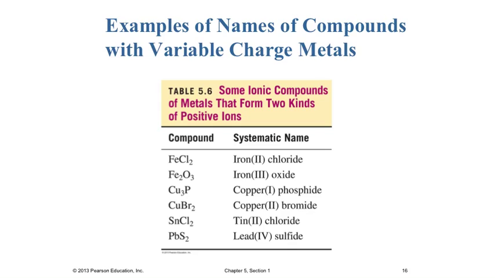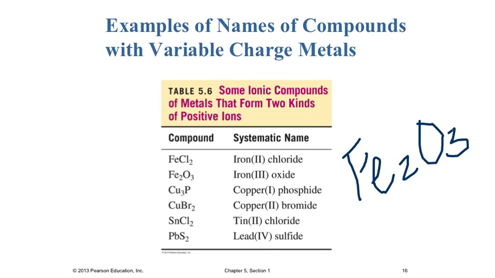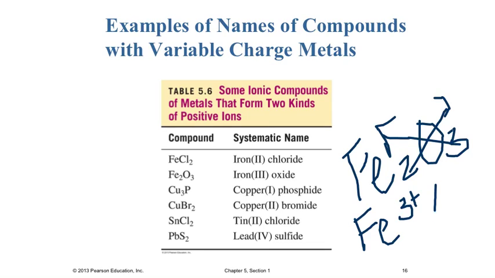Here are some more examples of naming variable charges, but let's go back over the crisscross up. Let's look at Fe2O3. If we crisscross up, we can find the charge. So Fe now has a charge of 3 positive, and oxygen now has a charge of 2 minus. I know that Fe has a charge of 3 positive because we crisscross the number up to gain the 3.